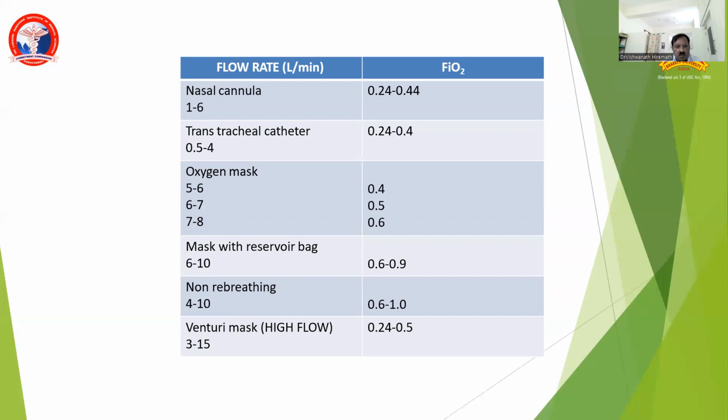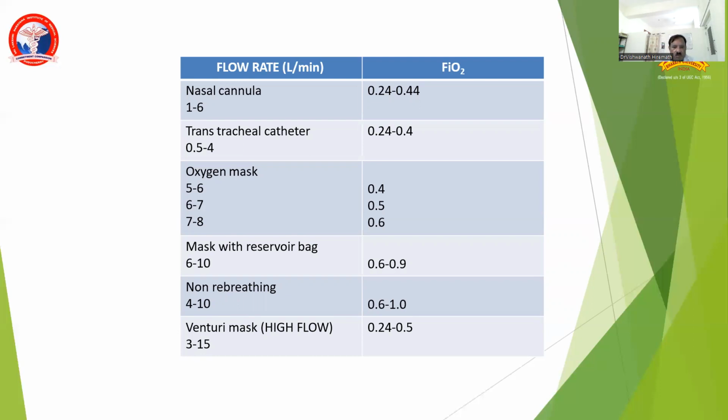Oxygen mask, simple face mask: 5 to 6 liters, 6 to 7 liters, 7 to 8 liters can be provided, which result in FiO2 of 0.4, 0.5, and 0.6 respectively. Mask with reservoir bag requires an oxygen flow of 6 to 10 liters per minute, which can provide FiO2 of 60 to 90%.